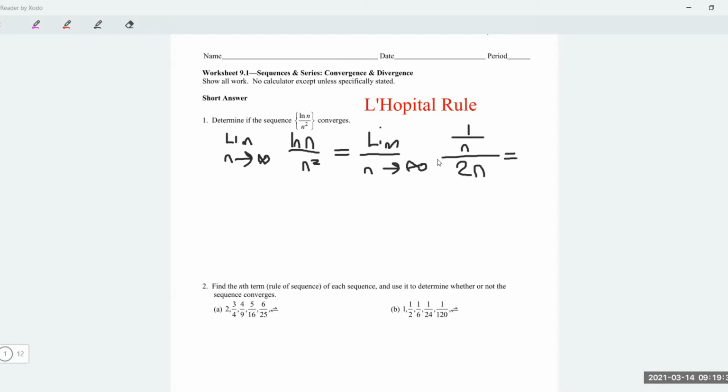Applying n equals infinity, 1 over infinity is 0, so we get 0 over infinity, because when you put in infinity here, now it's infinity. 0 over infinity is 0. And so yes, this sequence converges.